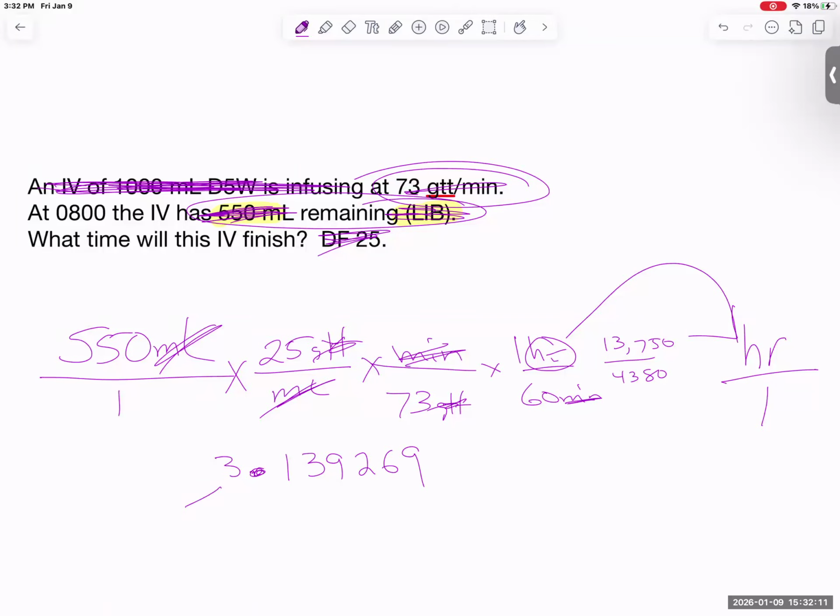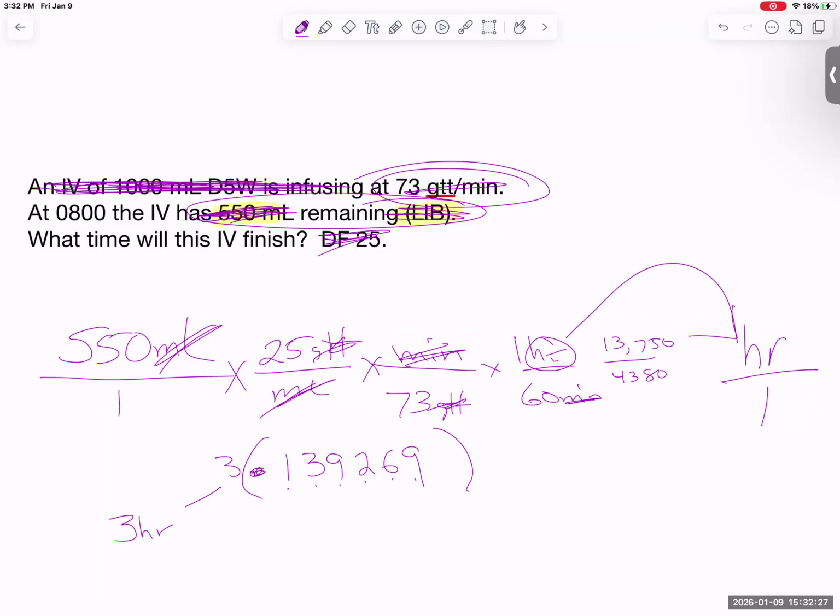The 3 is what? 3 hours. You see all these numbers, 6 digits long. Keep as many as you can keep because it matters. Never round until the very end of your problem.